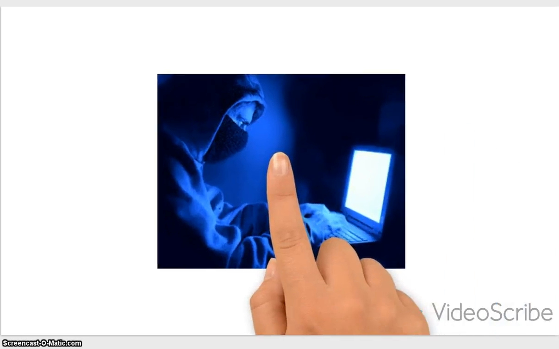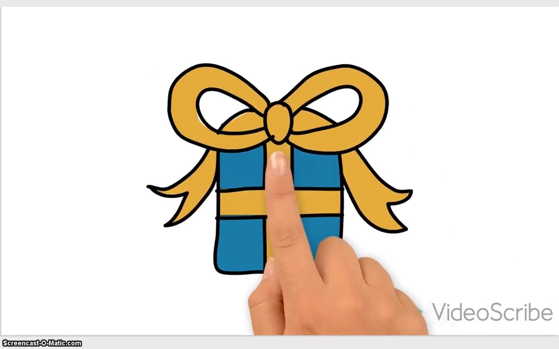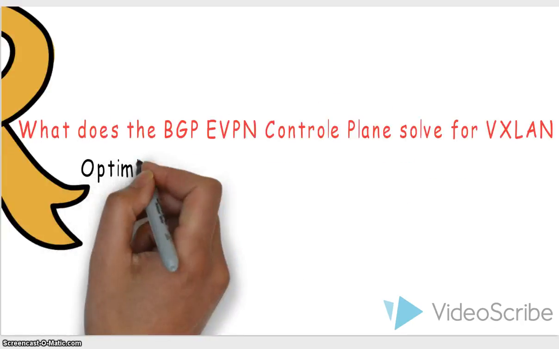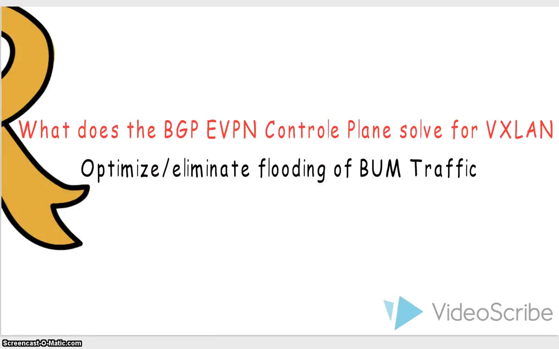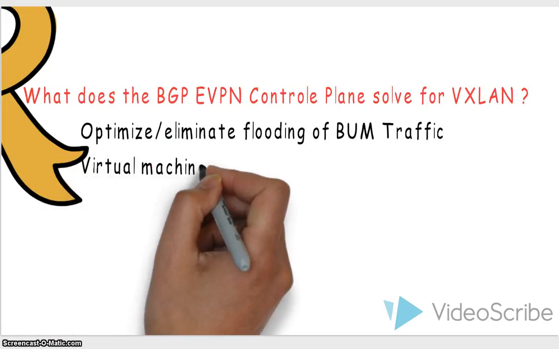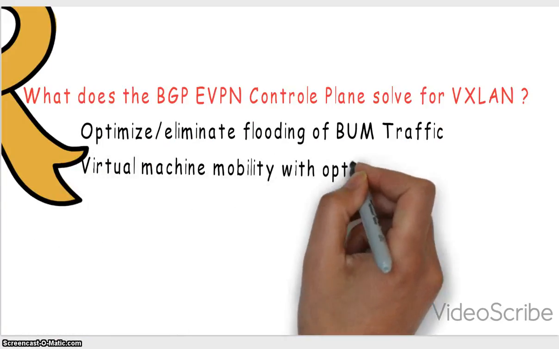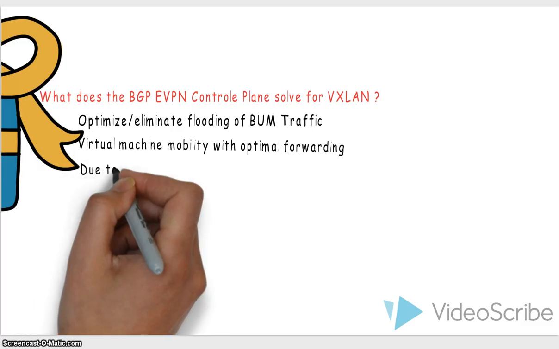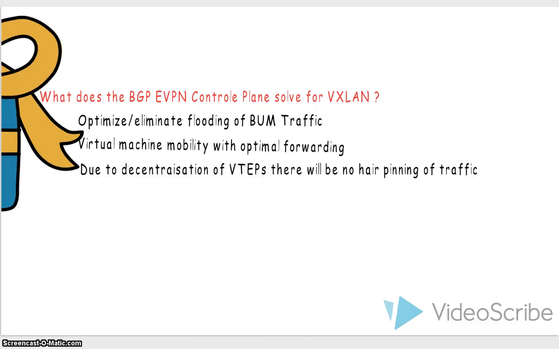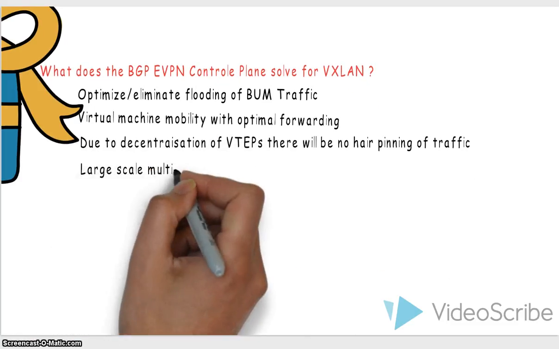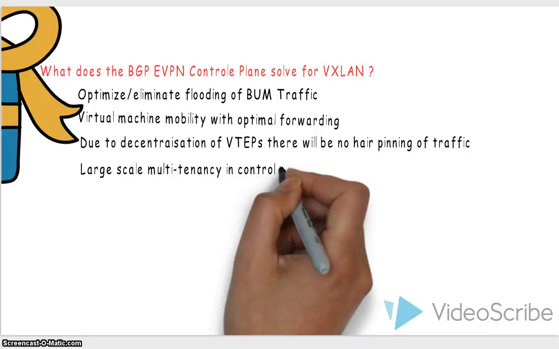So in this hackathon, what we are trying to achieve are the following benefits that we will get by implementing the BGP VPN control plane over the VXLAN, such as optimize or eliminate flooding of broadcast, unknown unicast, multicast traffic, virtual machine mobility, and due to decentralized VTEPs, we need not face any hairpinning of the traffic.